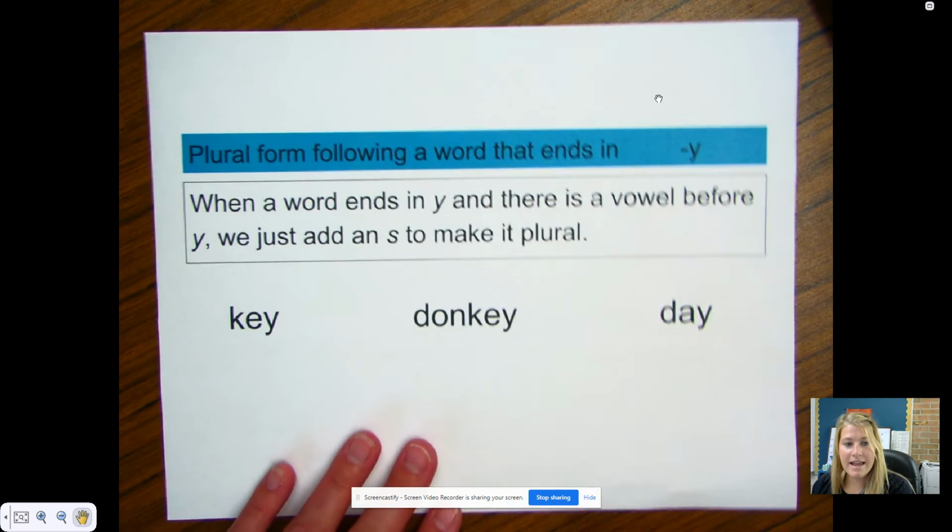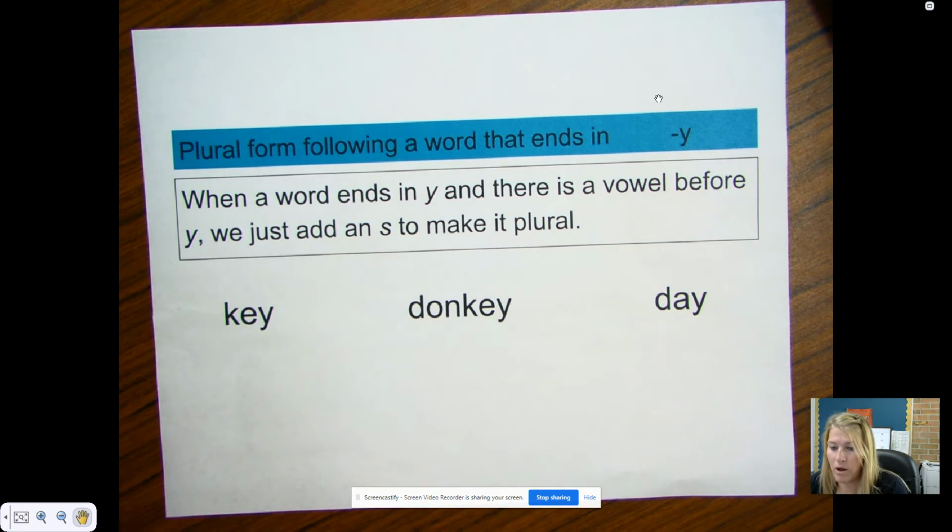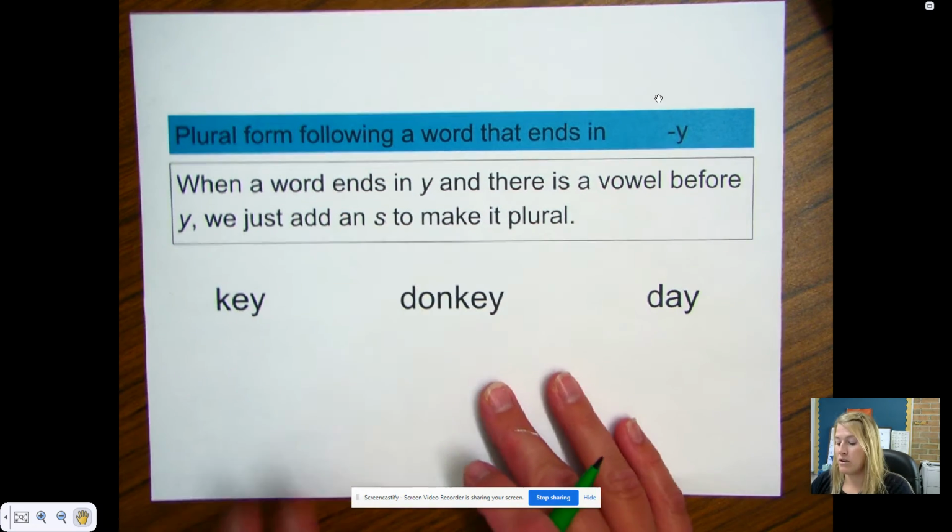We want to think, though, not every noun that ends in a Y gets changed to I. Here is when we know not to do that.